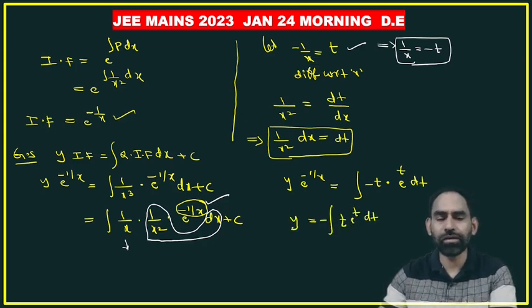Now how do we find the integral of this part? We have to follow integration by parts here, because there is a product of two functions: this is an algebraic function, and this is an exponential function.